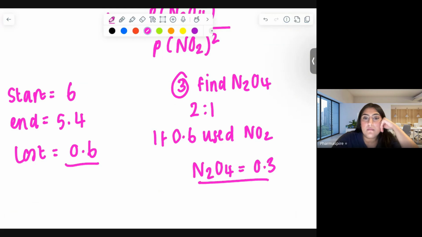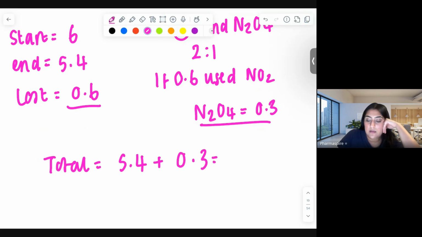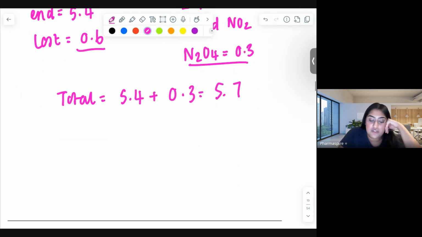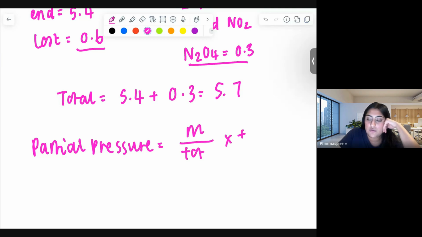Okay, cool. Right, you've got each of the moles now. So then you want to work out the total moles, which is 5.4 at equilibrium plus the 0.3 formed, and that's 5.7. Then you can do the really nice stuff, which is your partial pressures. Partial pressure is your moles over the total moles, times the total pressure.